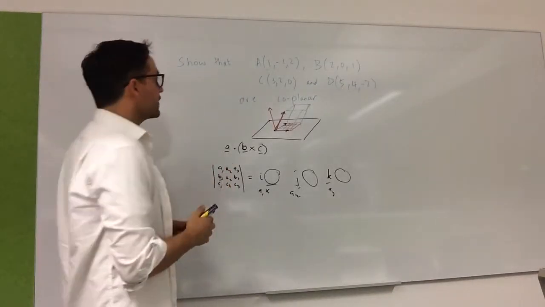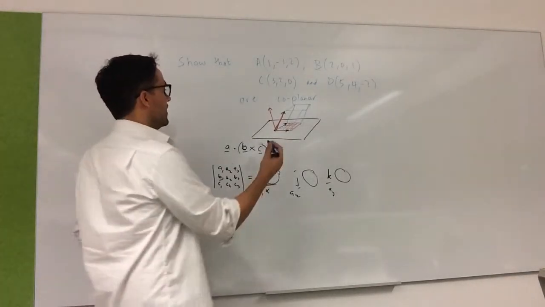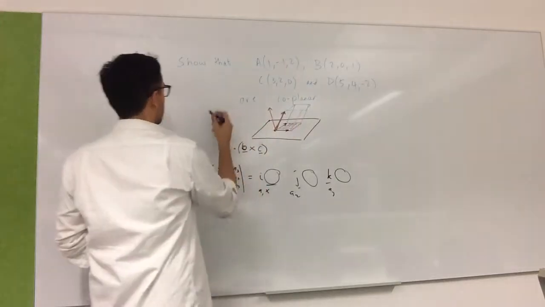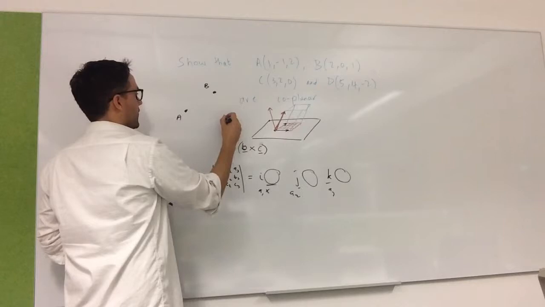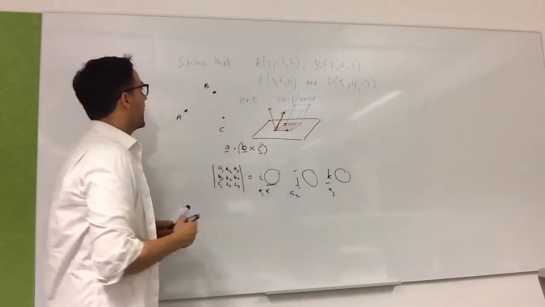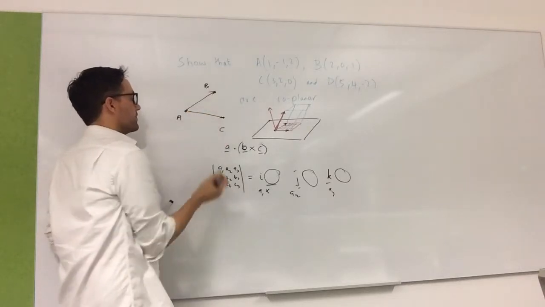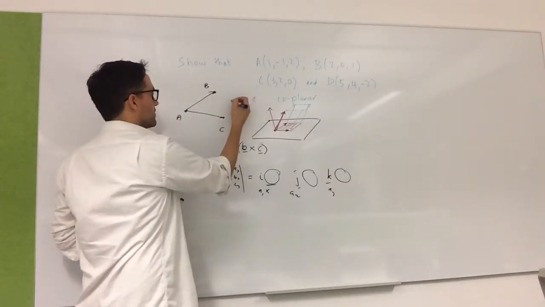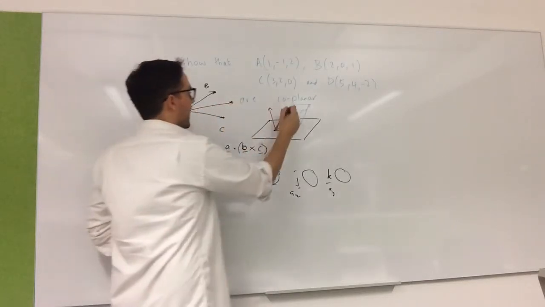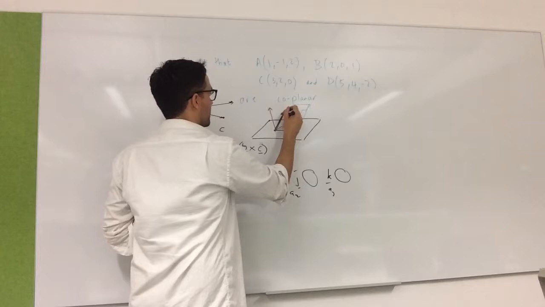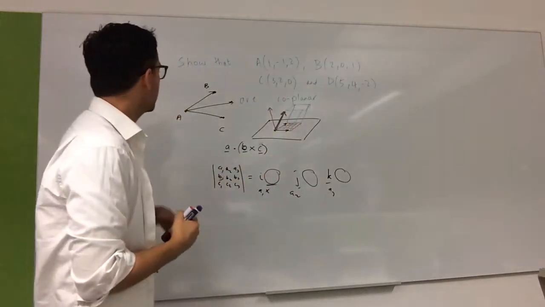Well, if these points are coplanar, we know that 3 of them will give us that. So if we have A, B, and C, we can make these vectors. If for a 4th point, say D, we make this vector as well, and take it in combination with the dot product of the normal, that gives us the volume.